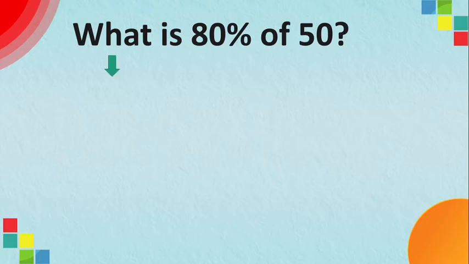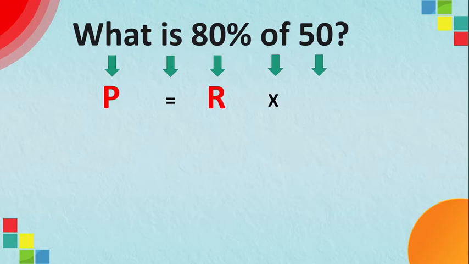So "what" represents the percentage because it is found before the word "is", and "is" can be written as an equal sign. And 80% will be our rate because it is accompanied by a percent sign. And "of" will be written as a multiplication sign. And 50 will be our base because it is found after the word "of".